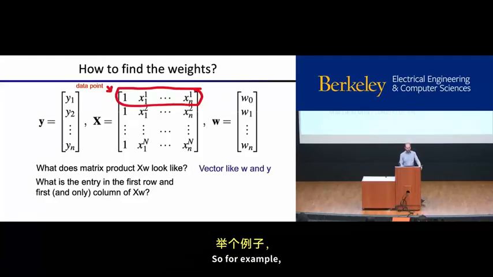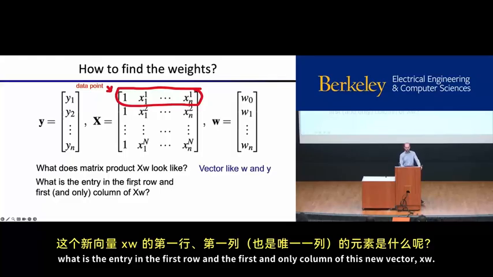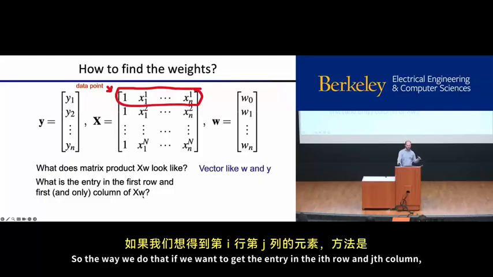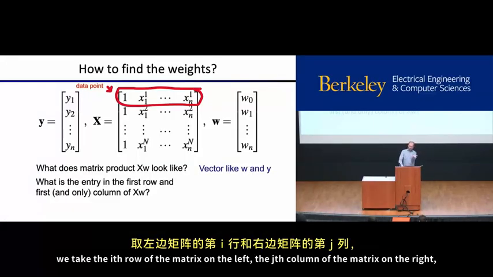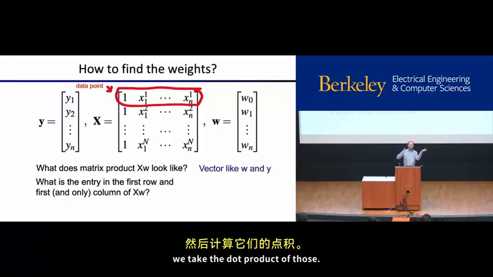So for example, what is the entry in the first row and the first and only column of this new vector XW? If we want to get the entry in the ith row and jth column, we take the ith row of the matrix on the left and the jth column of the matrix on the right, and take the dot product of those.